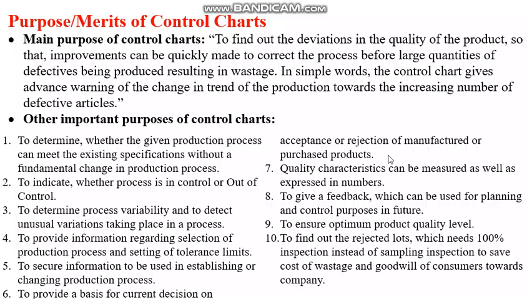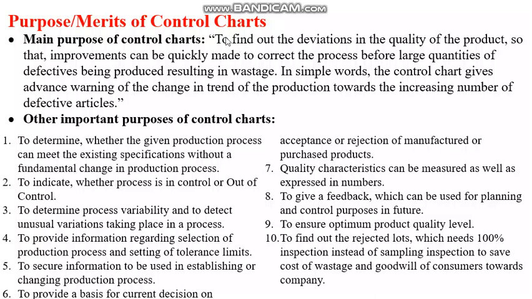So, to provide the basis for acceptance and rejection of the product, control charts are also used. Quality characteristics can be measured as well as expressed in numbers. We are putting everything in terms of numbers.